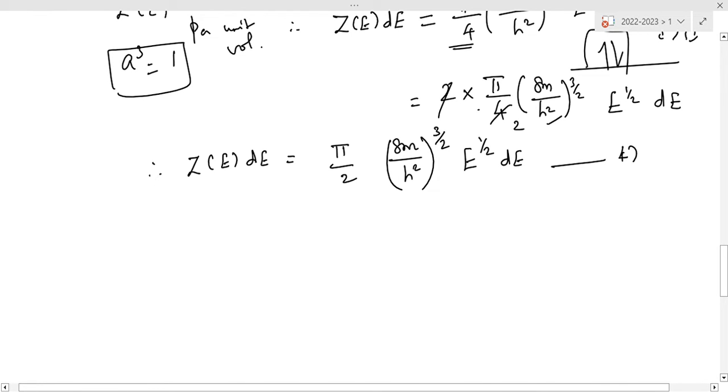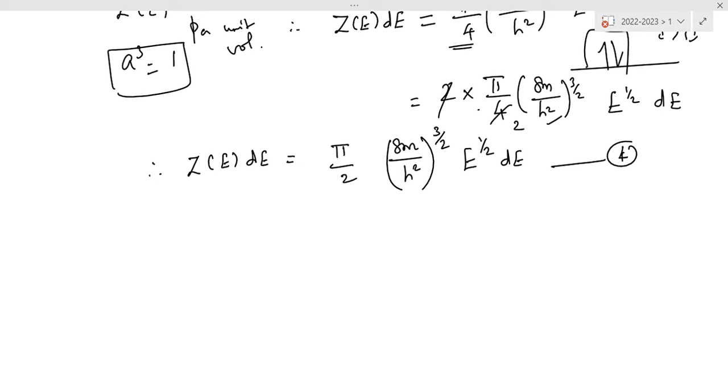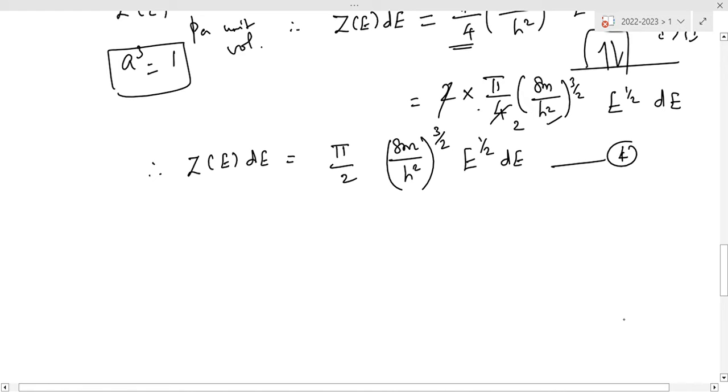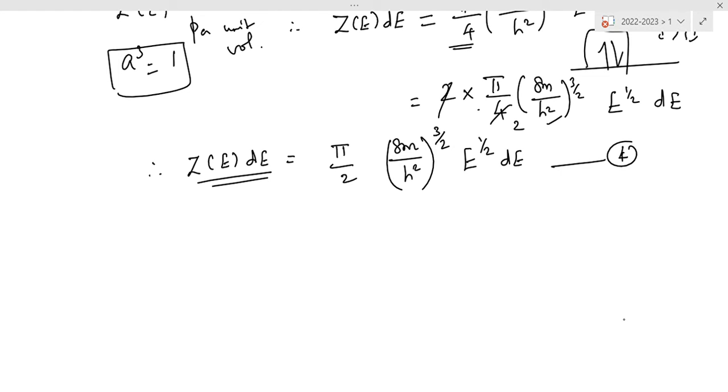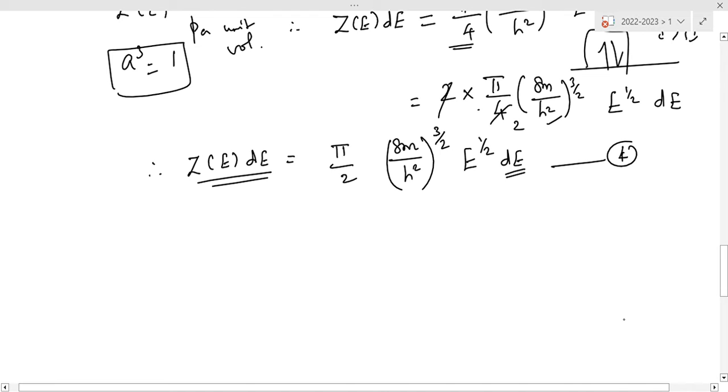So this expression 4 gives the number of available energy states of the electron in the energy interval dE.